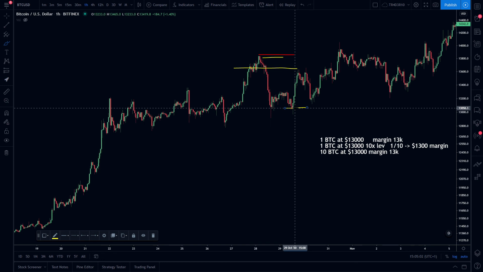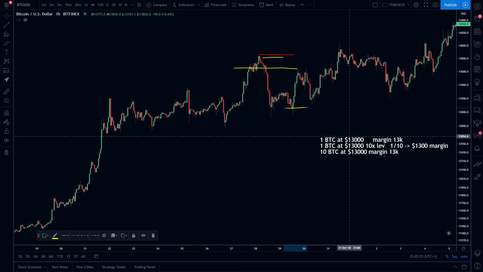Most people getting wrecked doing leverage trading either are not using a stop loss and they are getting liquidated, or they make this error. They're using the high leverage to be able to do a much bigger position than they should, because they are not using proper risk management. So let's say they had a 13K account.